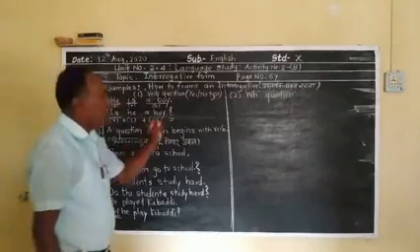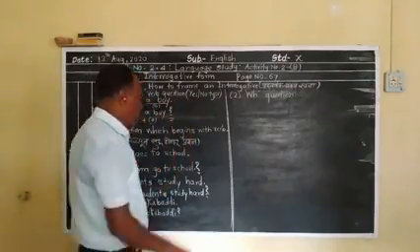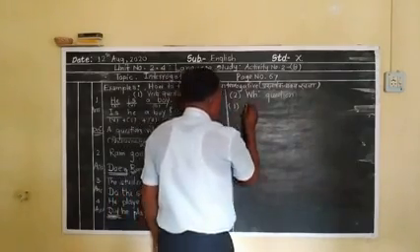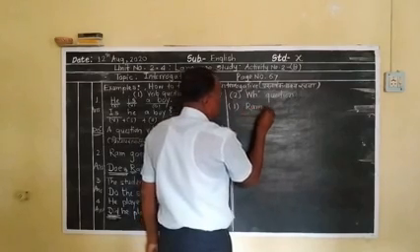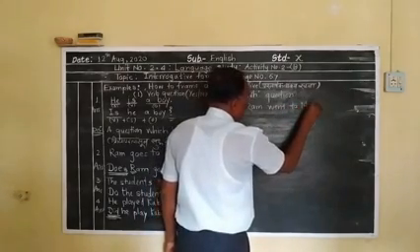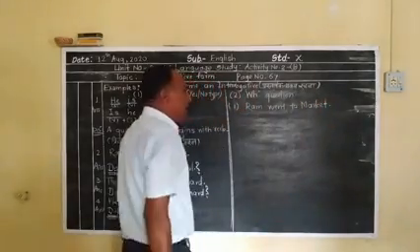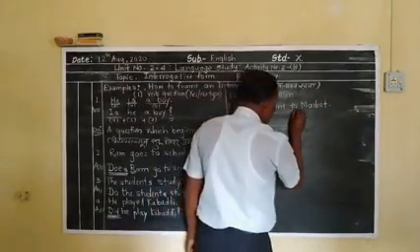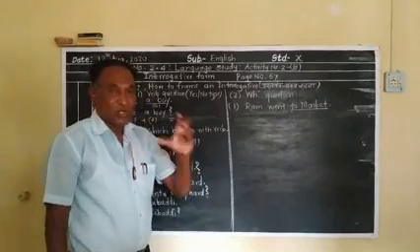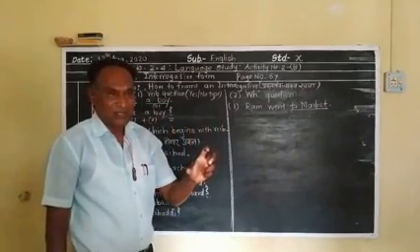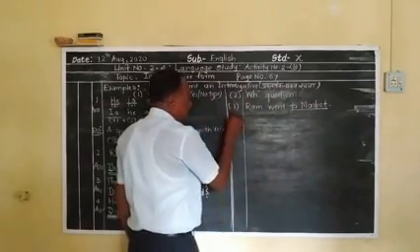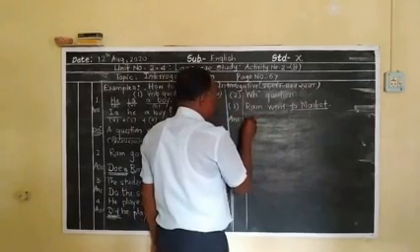Now second kind, WH question. Look. Example number 1. Ram went to market. You can frame two questions. Look. Answer: Where?